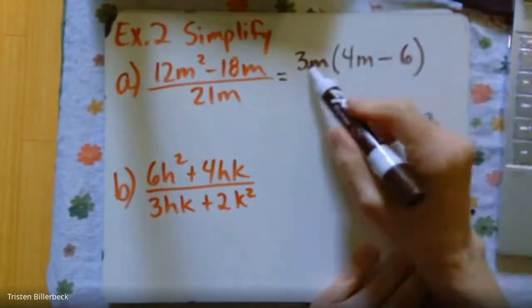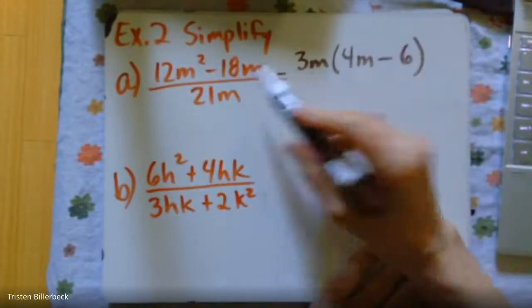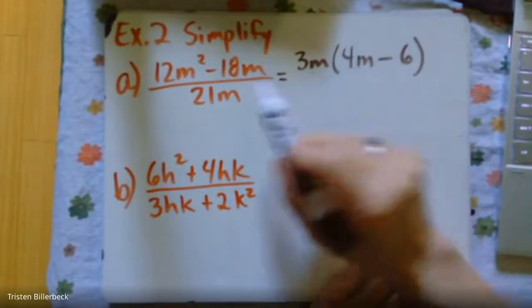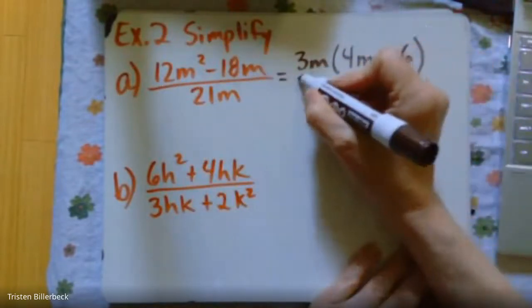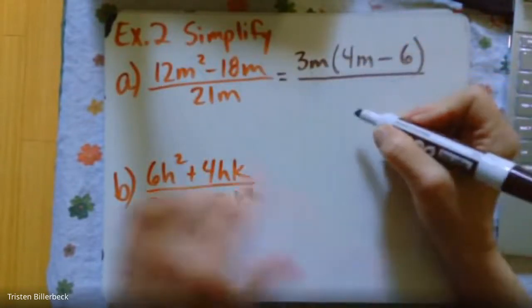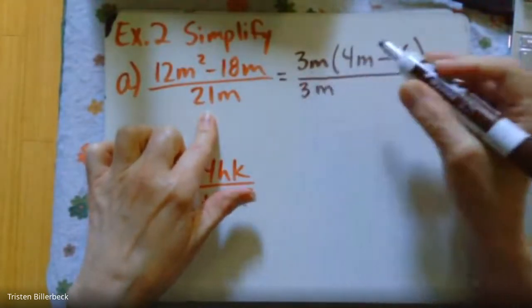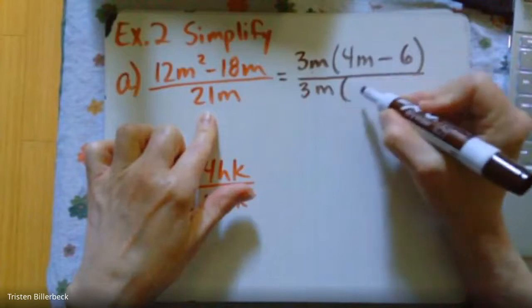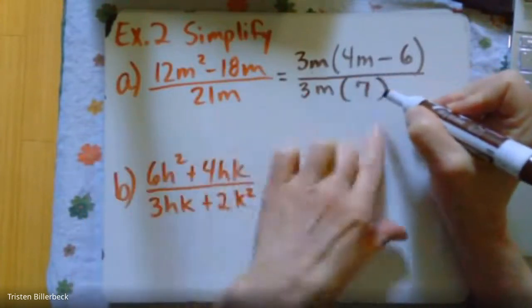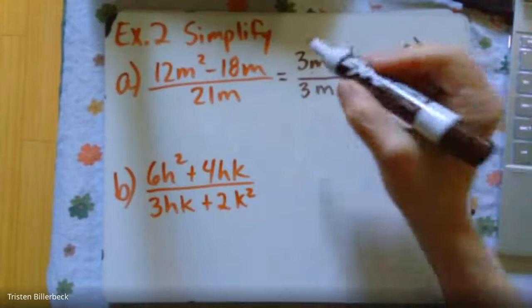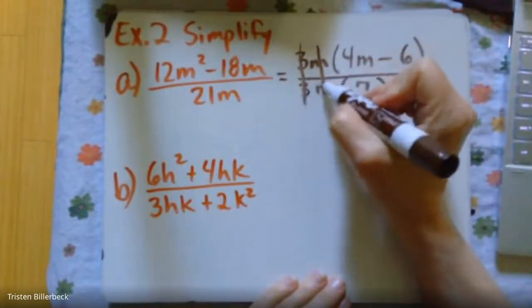So 3m times 6 is 18m, and 3m times 4m is 12m squared. And down here, I pull a 3m out. That leaves me with just 7, because 7 times 3m. And look, I can just cancel that 3m out.